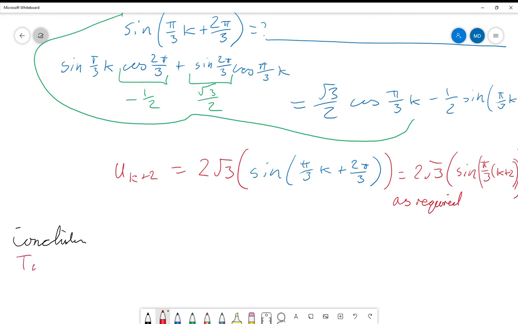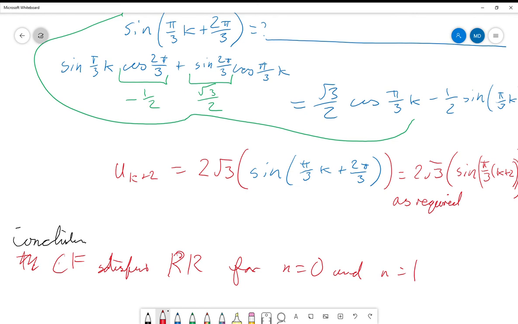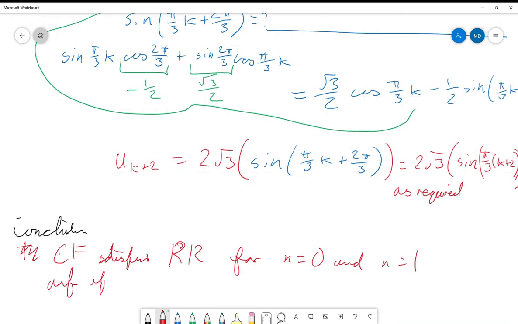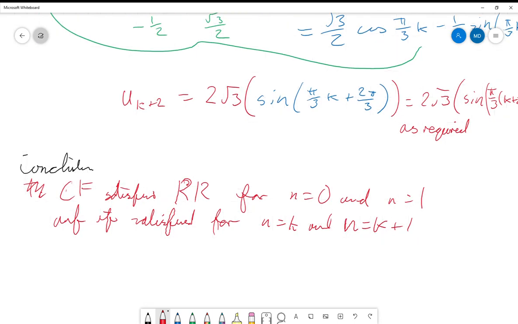So the closed form satisfies the recurrence relation for n equals 0 and n equals 1, and if it satisfies for n equals k and n equals k plus 1, then it satisfies for n equals k plus 2.